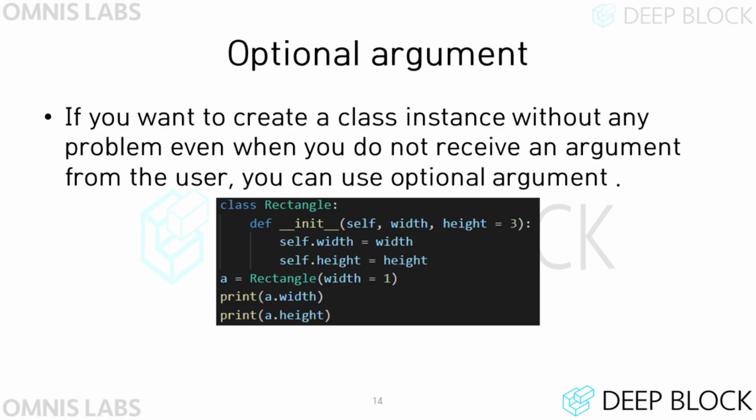For example, in the case of the initializer shown in the previous slide, if you do not set the width and height arguments when creating a class instance, an error occurs and the class instance cannot be created. However, if you set the default argument values of the parameters shown in the slide, you can create class instances even if no arguments are passed when an instance is created.